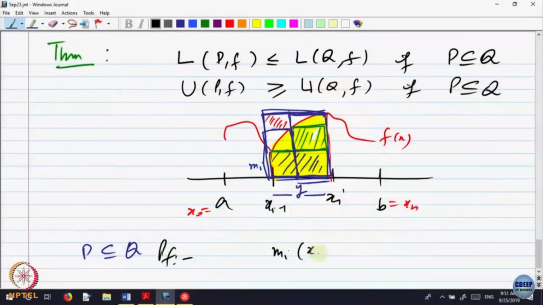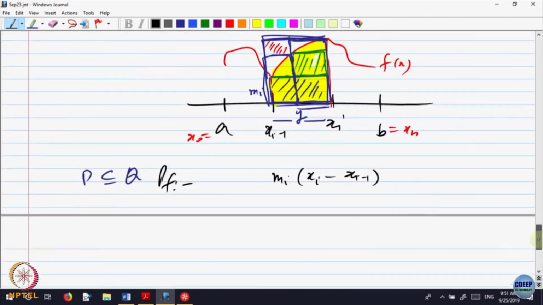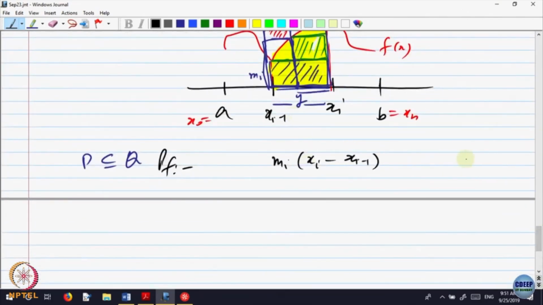You will be looking at the term mi times (xi minus xi minus 1), this will be the only term. In the earlier case, when you are looking with respect to P, only one point is extra added, right?